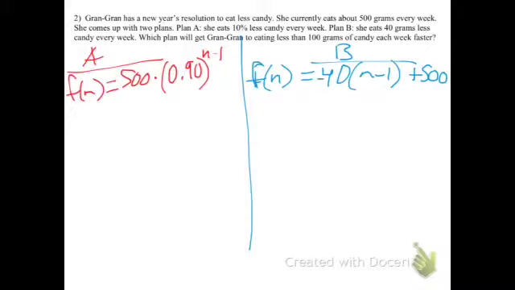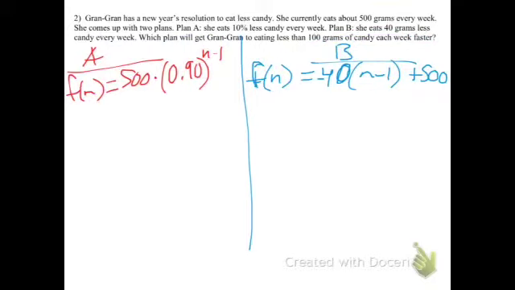And it'd be negative 40, because she's subtracting 40 every week. So that'd be our function here. And we're trying to figure out which one's going to get her eating less than 100 grams of candy each week faster. Well, I figure it out with Plan B first, and then compare that with Plan A.